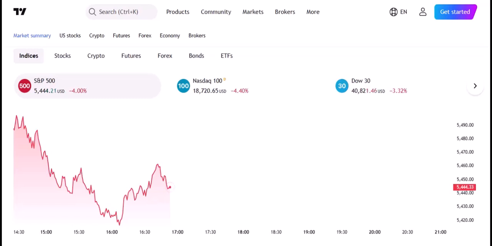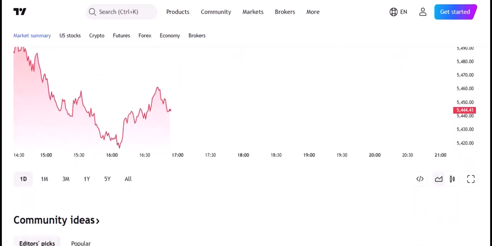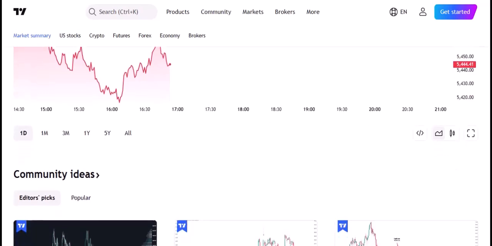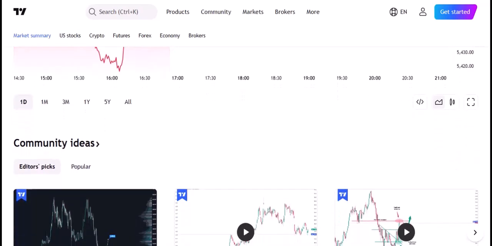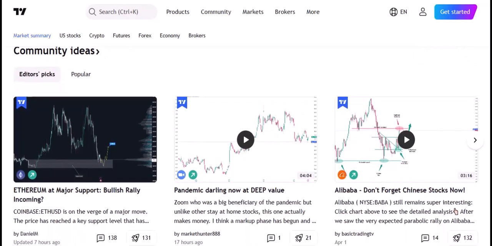Moving on, we come to the Plus plan, which generally runs about $29.95 USD per month. This tier is designed for intermediate to more active traders. The benefits here are substantial. You can have 10 indicators per chart, which is fantastic for multi-indicator strategies. The number of charts per tab increases to 4, meaning you can monitor multiple assets or time frames simultaneously without constantly switching tabs.